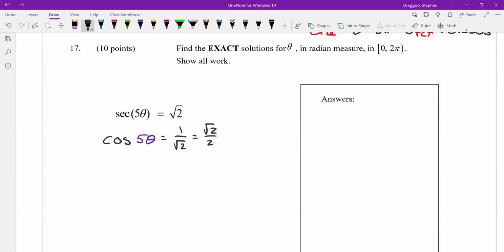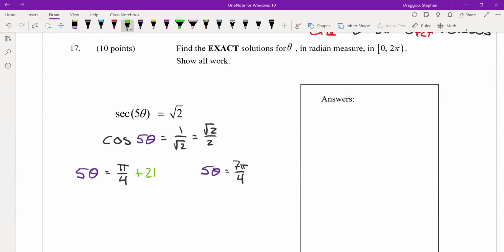So I'm going to look for angles on the unit circle where cosine is equal to root 2 over 2, and then come back and deal with the 5. That input angle into cosine could happen at pi over 4, or at 7 pi over 4. Those are the two solutions between 0 and 2 pi.